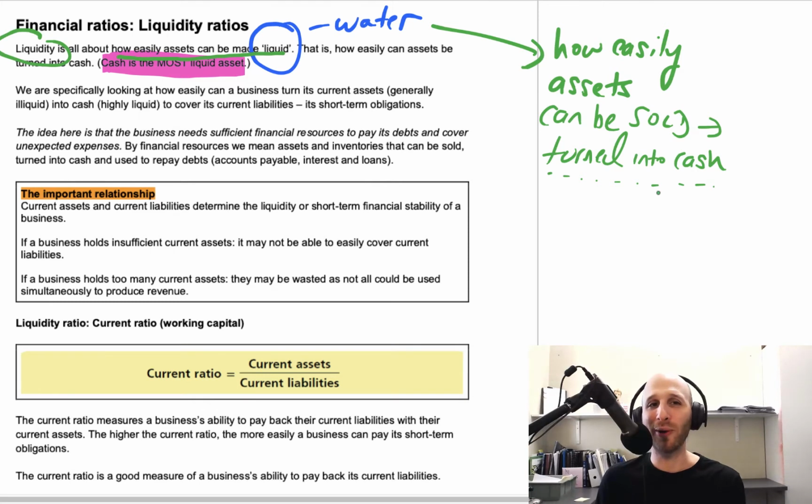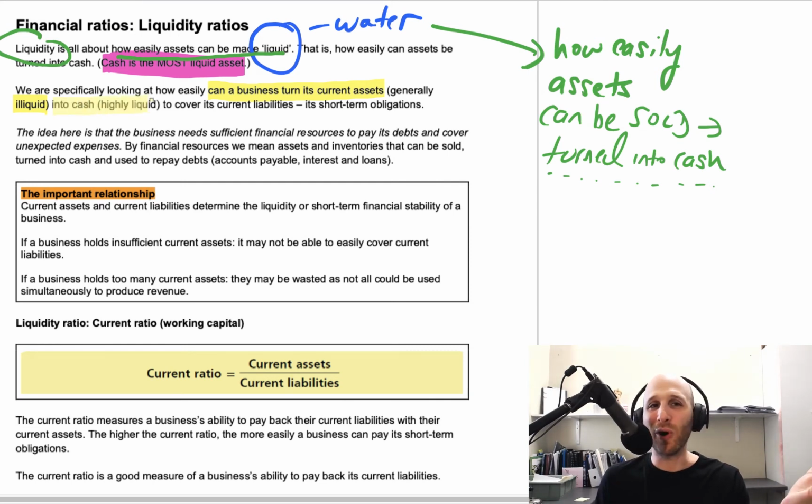And the reason why we care about this process is this. What we're looking at is how can a business turn its current assets, which are generally illiquid, so not very liquid, something that is being held as an asset, into cash?